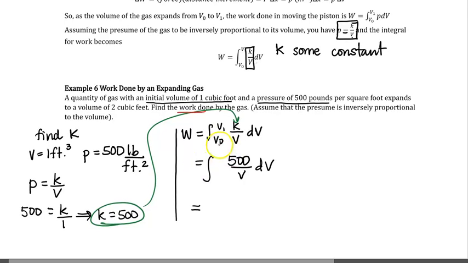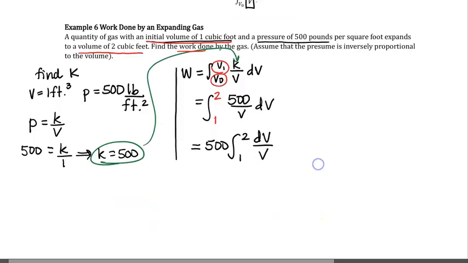Now let's talk about our limits. Limits are what the volume changed from. We started with an initial volume of 1 cubic foot. That's our lower limit, and it expands to a volume of 2 cubic feet. So now we have an integral that, again, simply requires Calc 1 integration techniques and the fundamental theorem of calculus, and we'll have our answer.